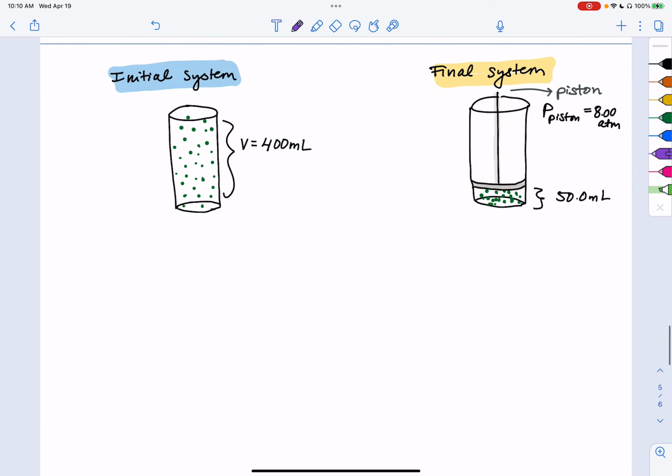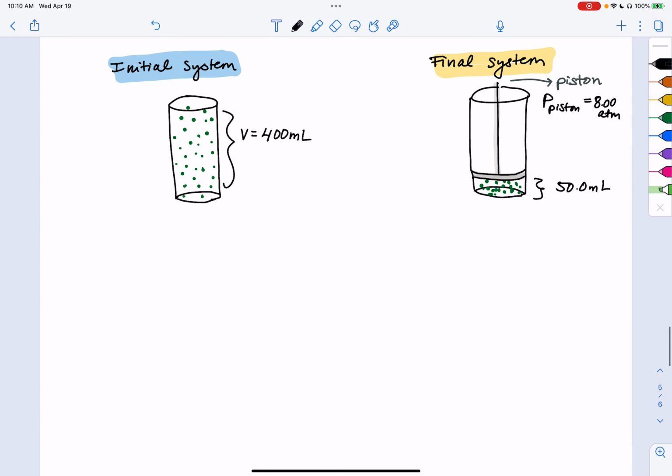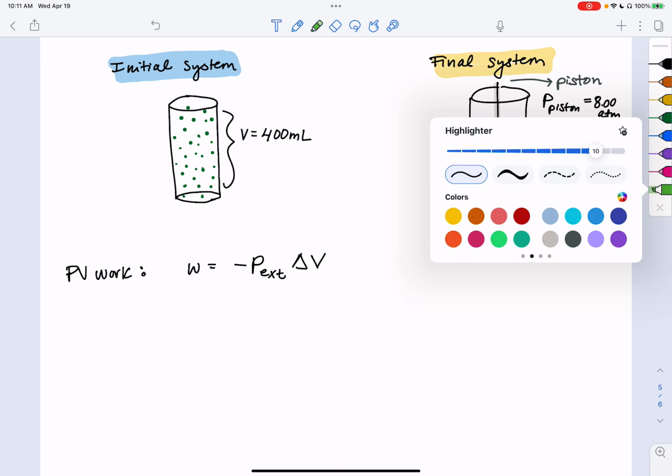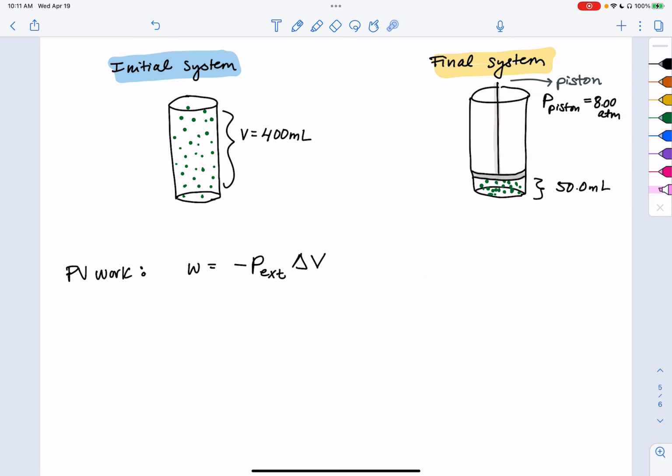So let's start by writing out our equation for pressure volume work. Work is equal to the negative of the external pressure that our system is fighting against times the change in volume of our system. So let's see if we can identify what the external pressure that our system is fighting against is.